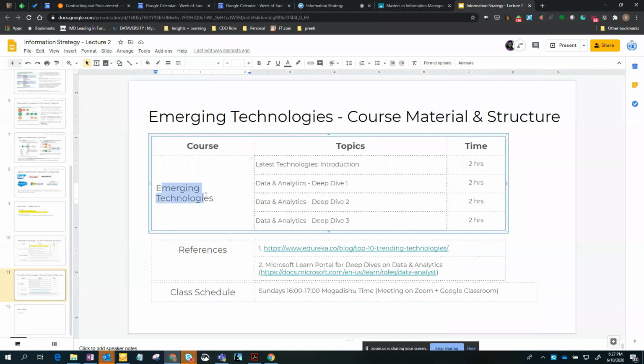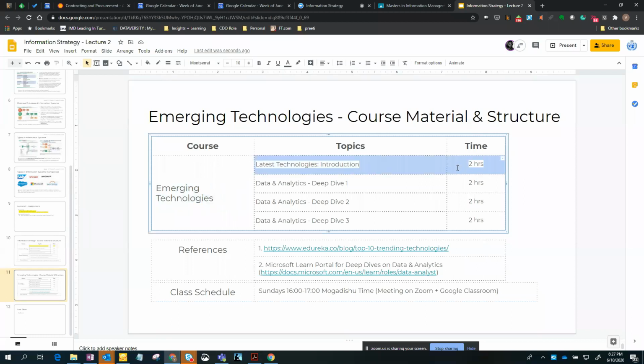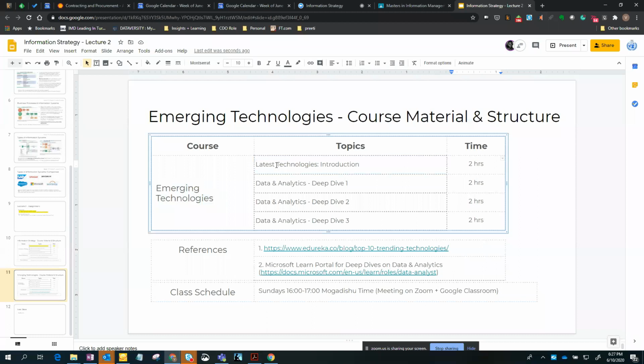In Emerging Technologies, we will first take the first two classes, about 2 hours, to focus just on sharing the latest technologies that exist. Technologies like cloud. Do you know about cloud? Technologies like big data, IoT, the Internet of Things, and blockchain.